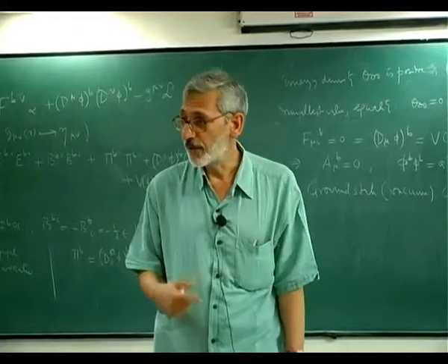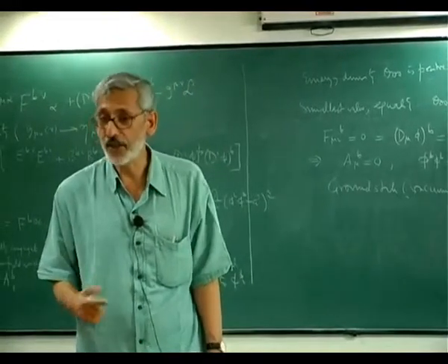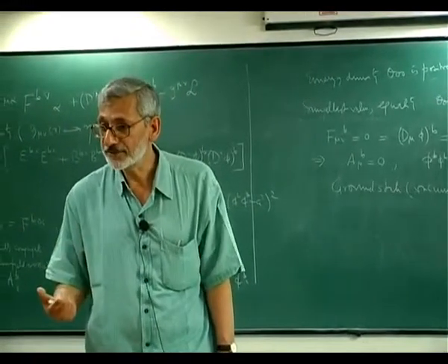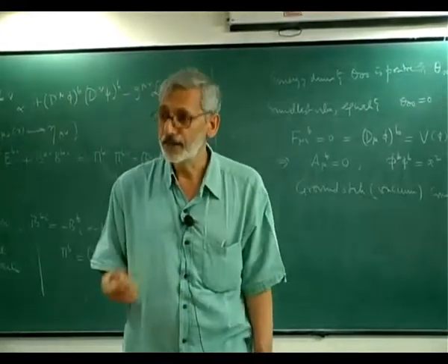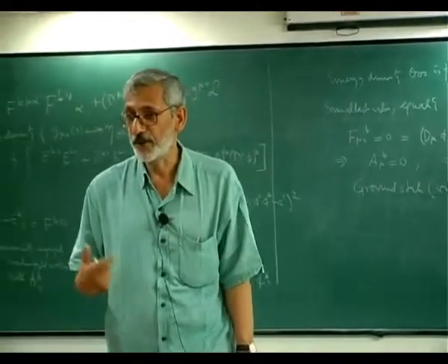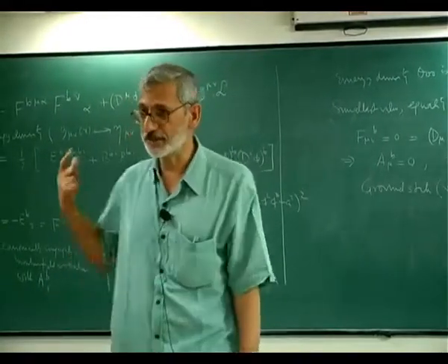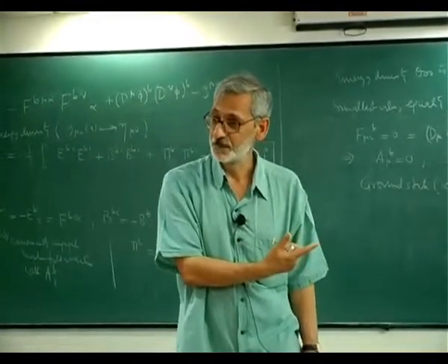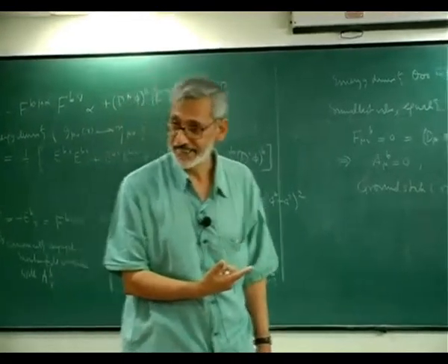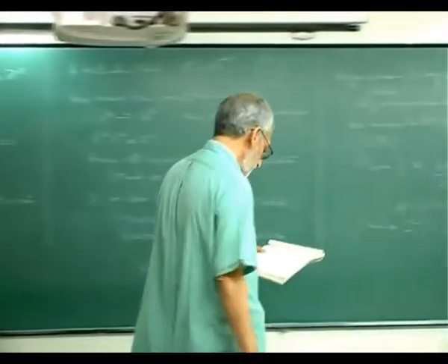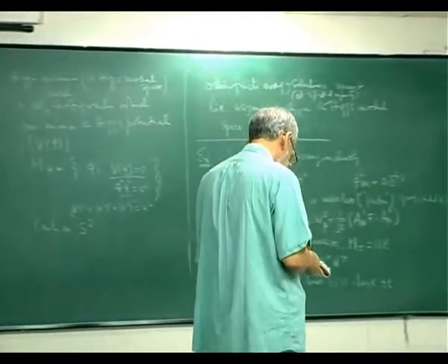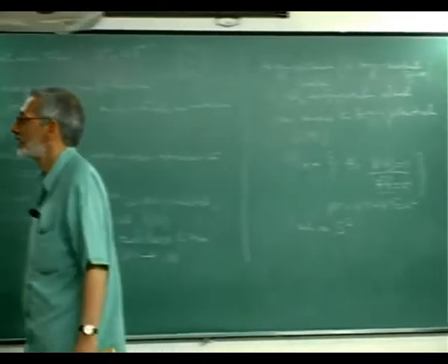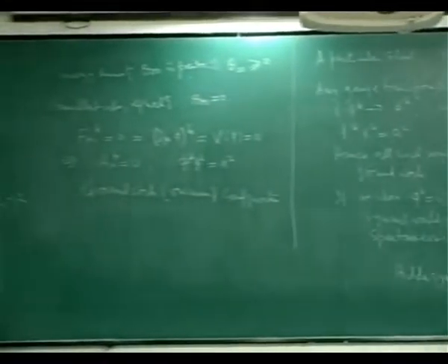That means the derivatives must come in the combination d mu plus e times A mu acting on W plus, and d mu minus e times A mu acting on W minus. You just have to discover that that's the structure that is emerging. If that structure is emerging, then you identify the charge. Is that clear? So that is one. Now the last property that you must get out of this exercise.